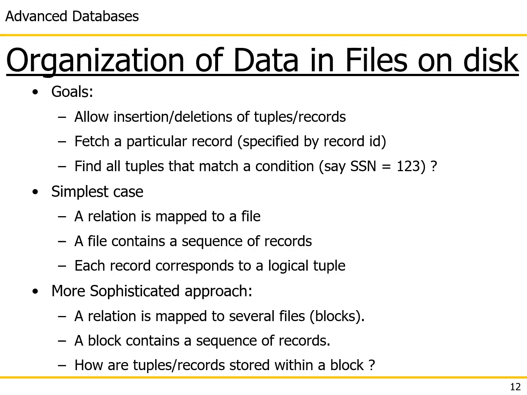If we simplify our solution to the problem of how we can store things on disk, we can say every schema will be stored in a file. We will create a file on disk for every schema. Now, that will work.